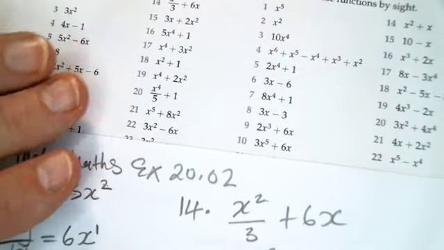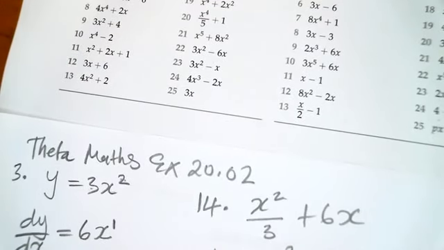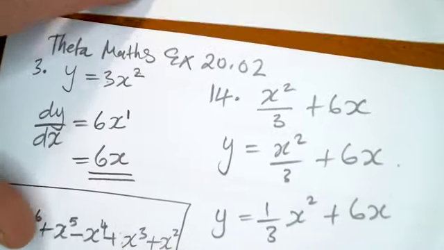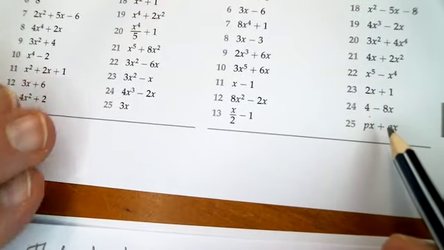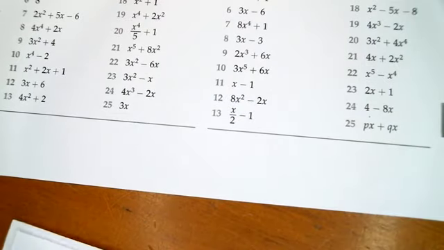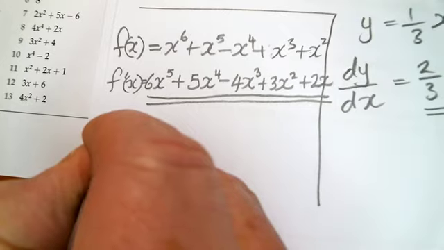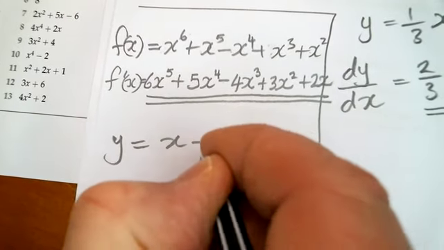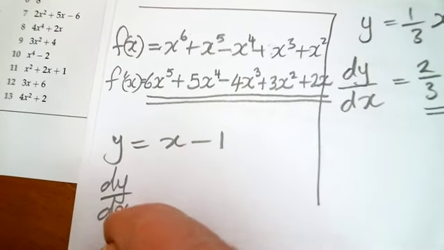All right, let's see what else we've got here. Oh, I like number 25. It's kind of a weird looking one, yeah? I'll do number 11 as well, x minus 1. Let's do x minus 1 first. So y is equal to x minus 1. I'm going to find the differential of y with respect to x.